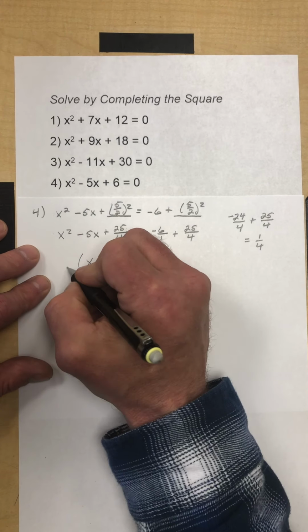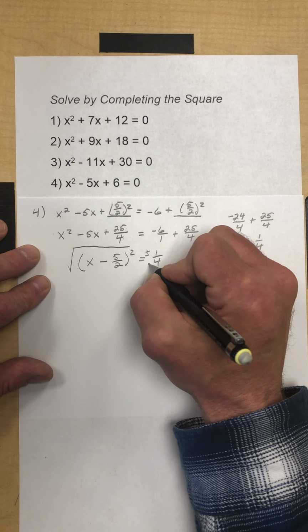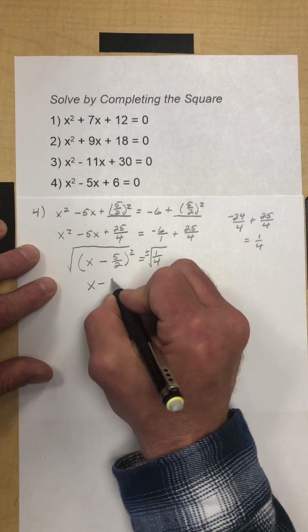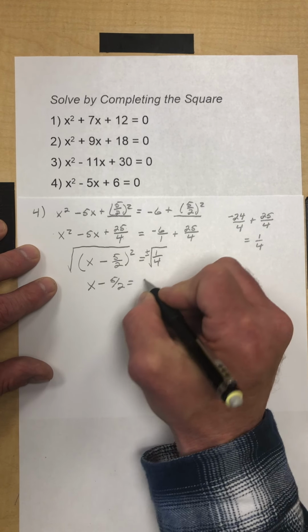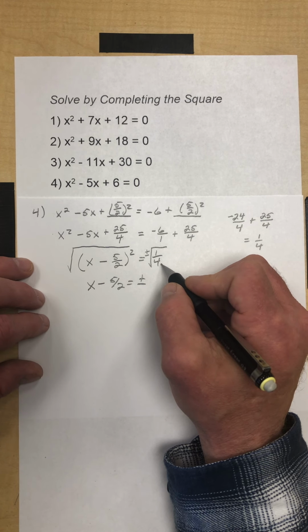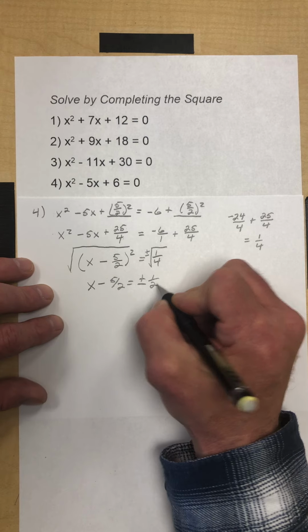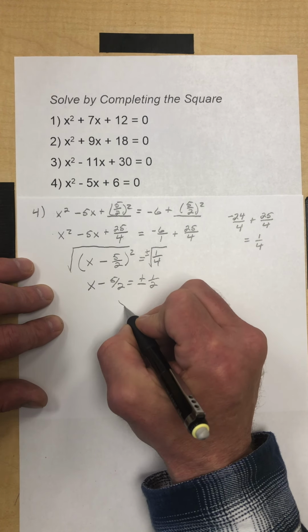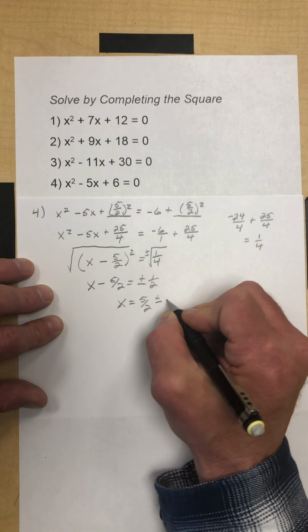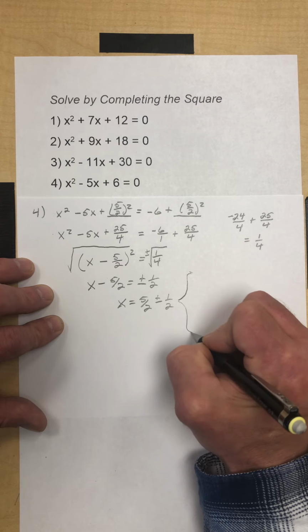Okay, taking the square root of both sides, and remember this will be plus or minus the square root of 1/4. Okay, so I get x minus 5/2 equals plus or minus. We've seen this more than once already. So the square root of 1/4 is 1/2, so I get plus or minus 1/2. So adding 5/2 to both sides, I get 5/2 plus or minus 1/2, and that'll take us to our 2 solutions.